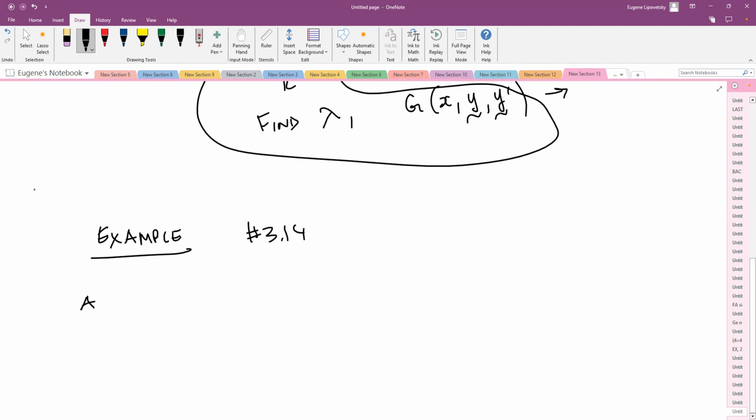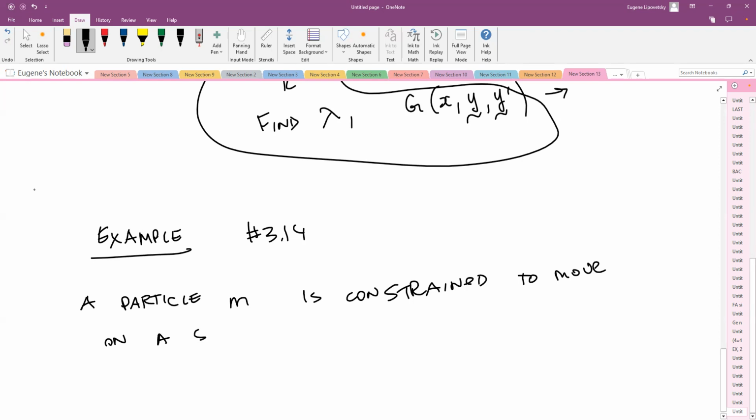A particle of mass m is constrained to move on the surface given by the following equation.